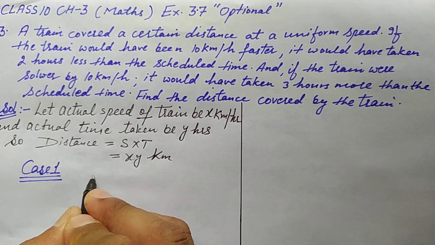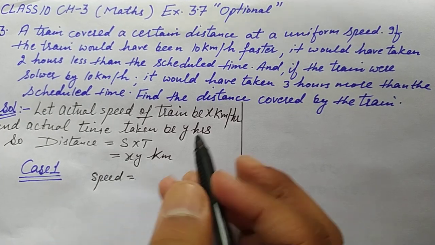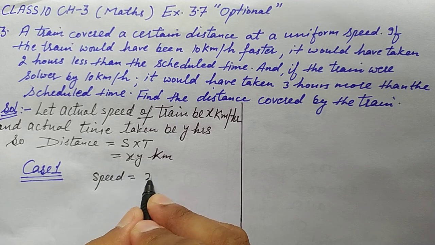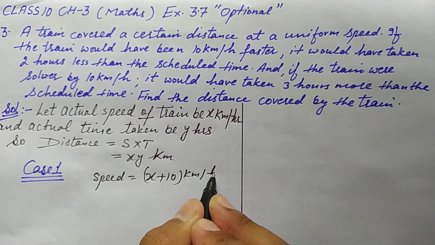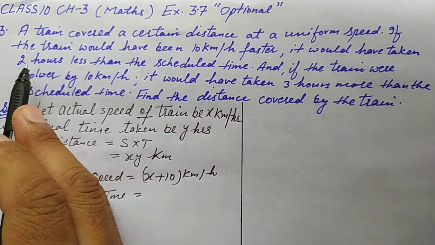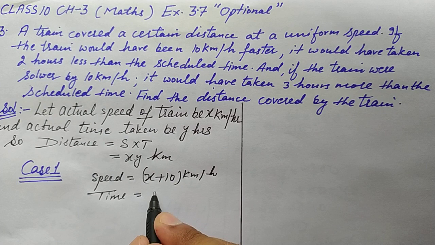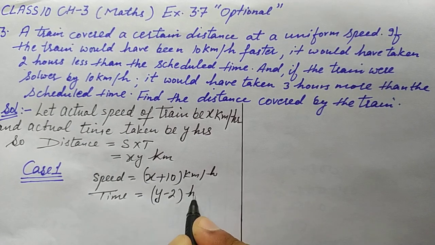In case 1 the speed is 10 km per hour faster. So now the new speed is x plus 10 km per hour, and the new time, it is given that it is taking 2 hours less. Earlier it was y hours, so now it will be y minus 2 hours.